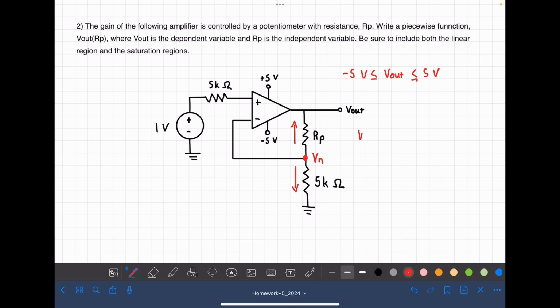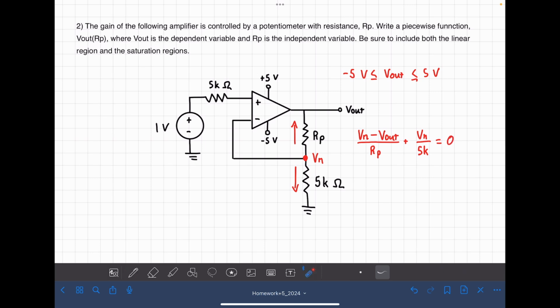It would be Vn minus V out over Rp, and then plus Vn minus 0, since we're going to ground, over 5K. All that's equal to 0.